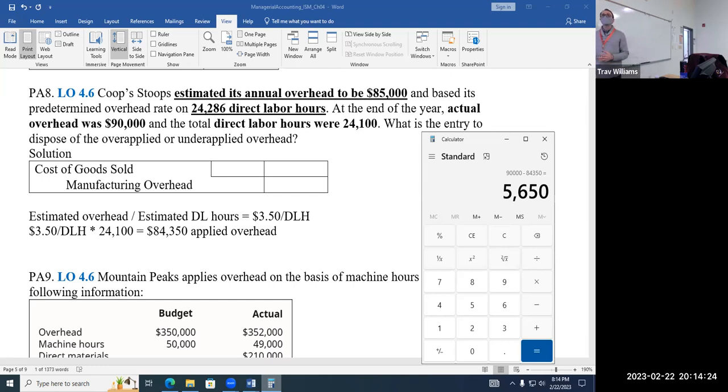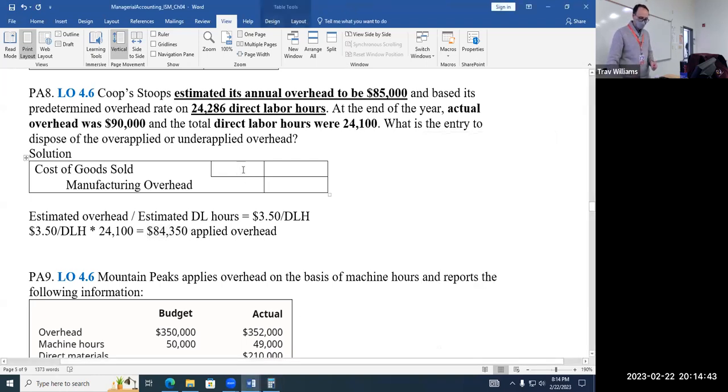But basically what it means is we need to increase our cost of goods sold. We did not apply enough overhead costs into our cost of goods sold, so now we need to add that. So we're going to increase our cost of goods sold. Where does that come from? It comes out of the manufacturing overhead.